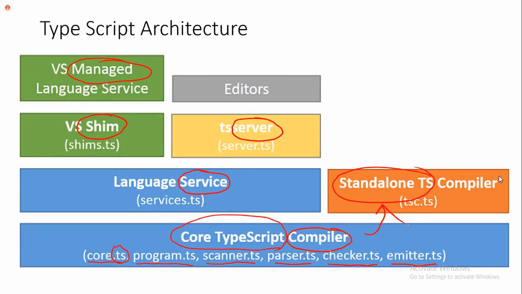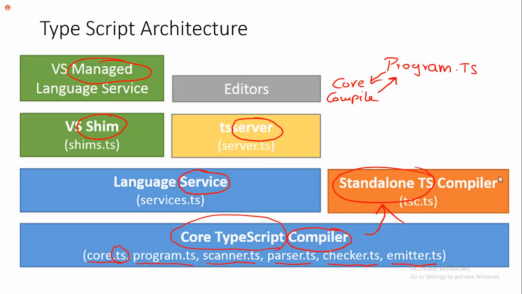You wrote a program .ts in TypeScript. The core compiler will compile this, and the compiled code is kept in the same program again. That means there is no new file generated, only TypeScript.